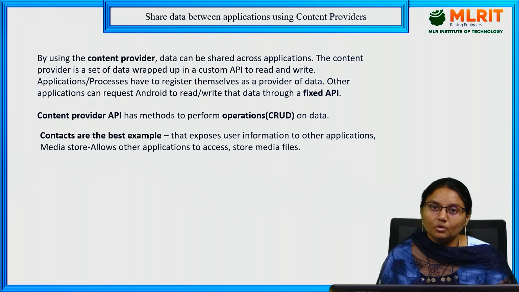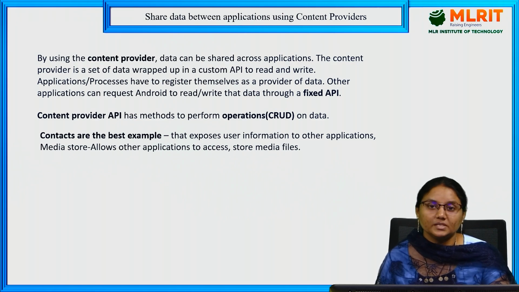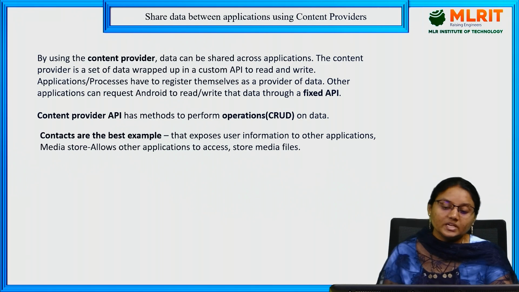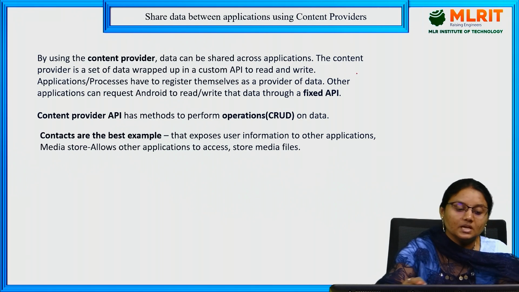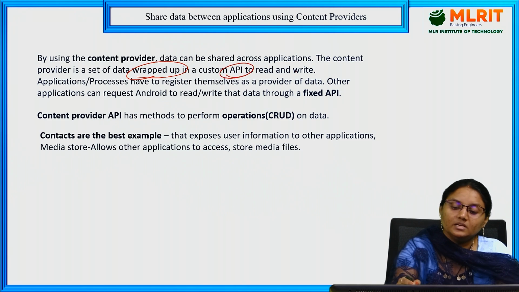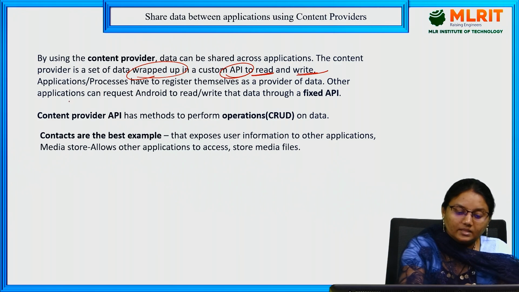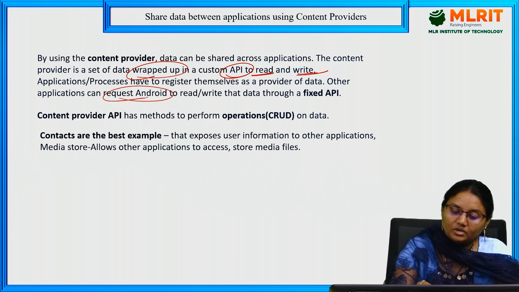You need to load it from the contacts, then only you can send any type of message to the destination. So data can be shared across applications. The content provider provides a set of data wrapped up in a custom API to read or write. Application processes have to register themselves as a provider of data. Other applications can request Android to read or write the data through a fixed API.